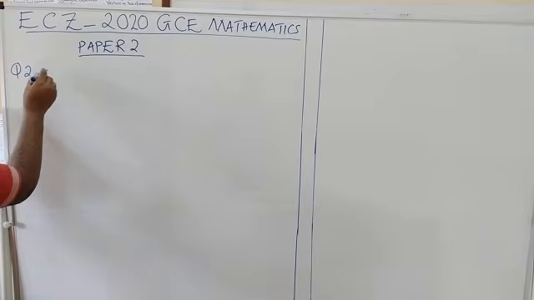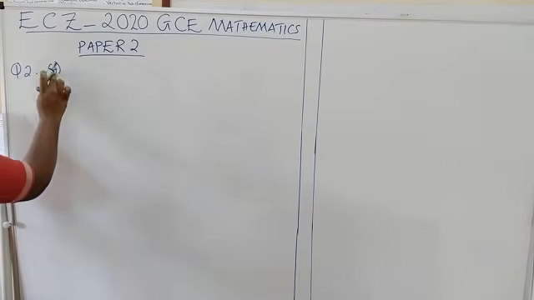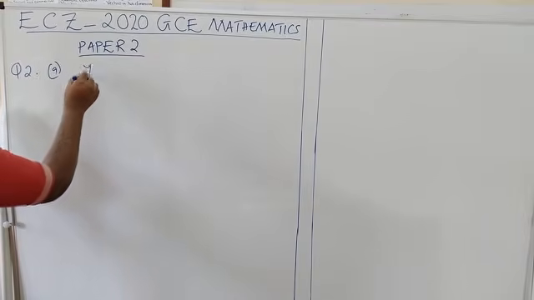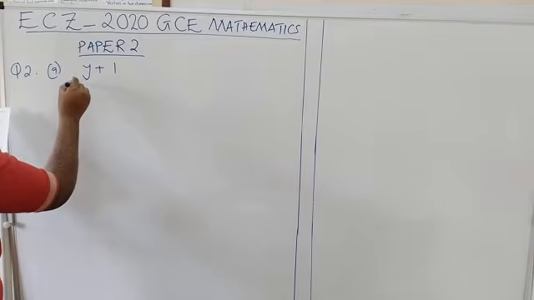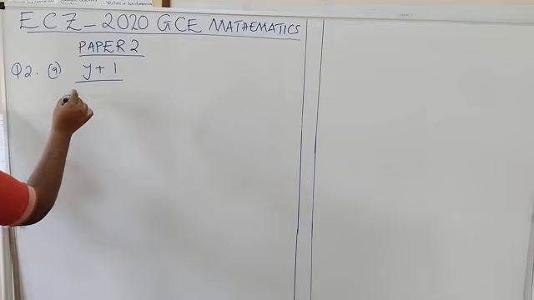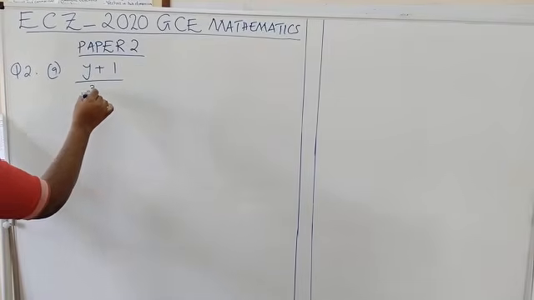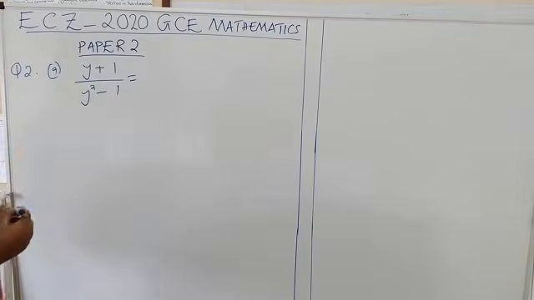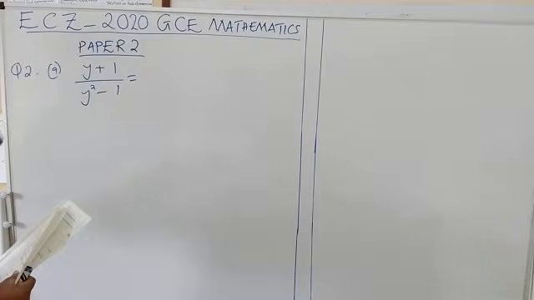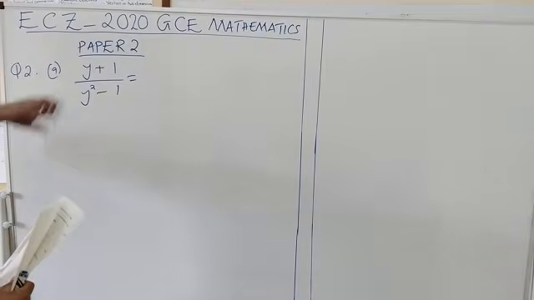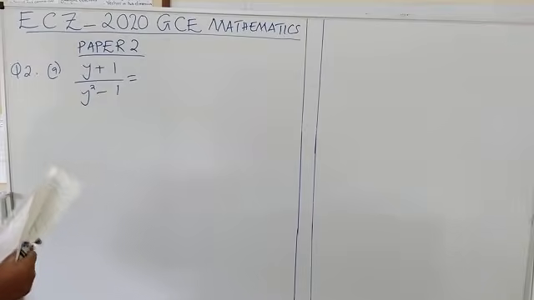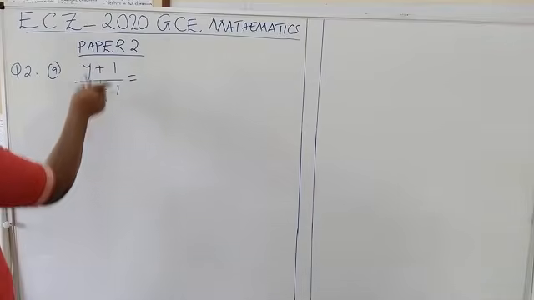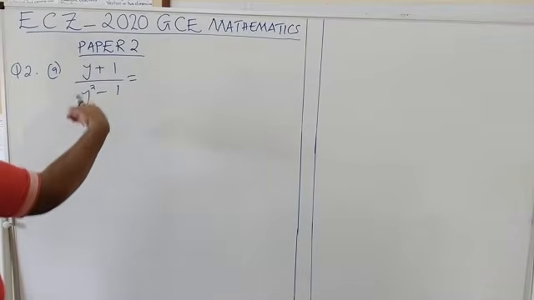Where A, we are asked to simplify y plus 1 divided by y squared minus 1. Now, when you are asked to simplify a fraction, where possible you can cancel, you can divide for common factors. But realize that here we cannot find the common factors directly.